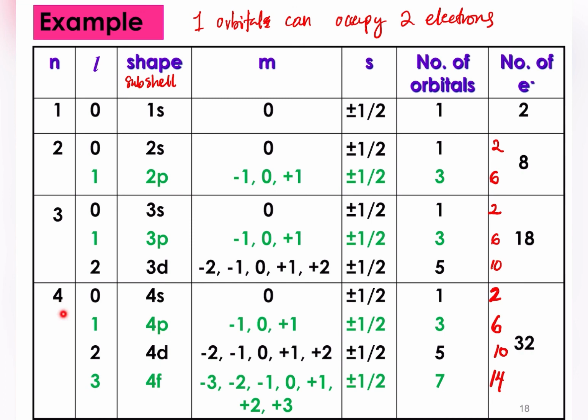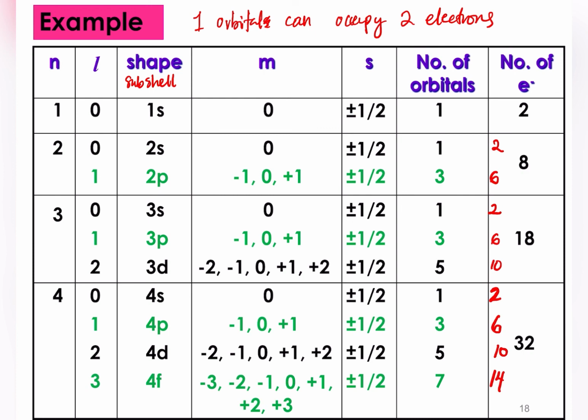So n equals 4, n bermaksud shell. Shell yang keempat daripada nucleus. So itulah cara you want to know how to relate between 4 quantum numbers. So that's all for this video.